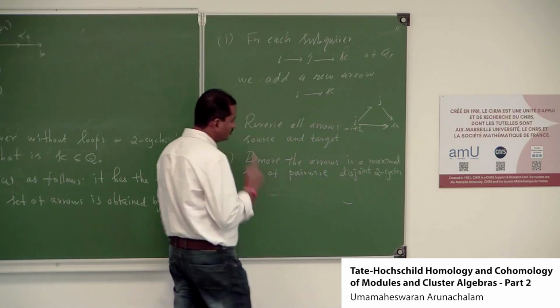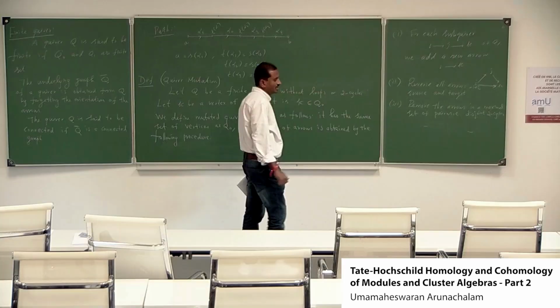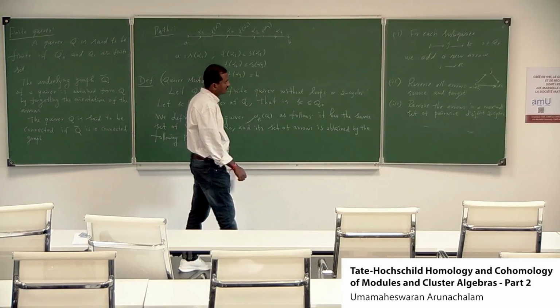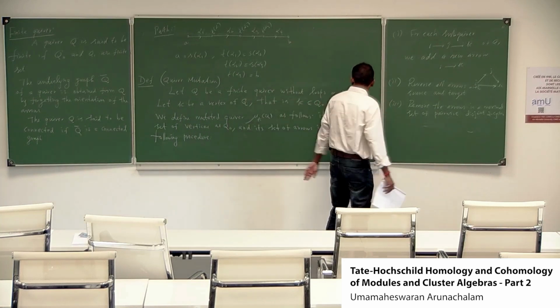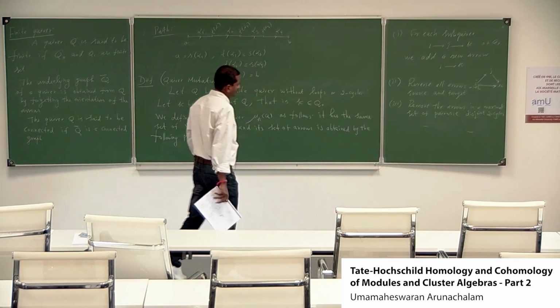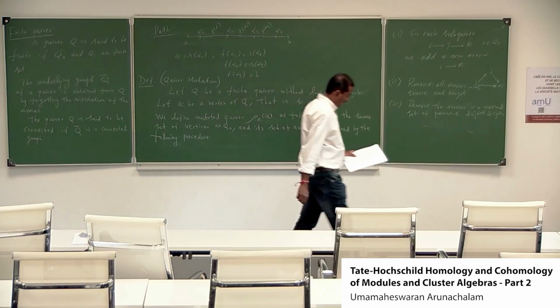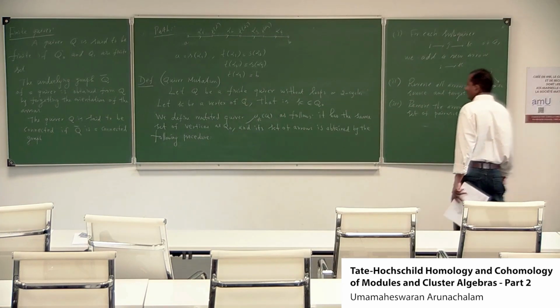We have to remove the arrows in a maximal set of pairwise disjoint two cycles. These are the procedures for quiver mutations. And now I will give a few examples.